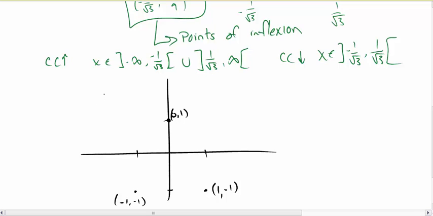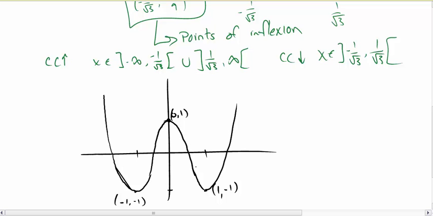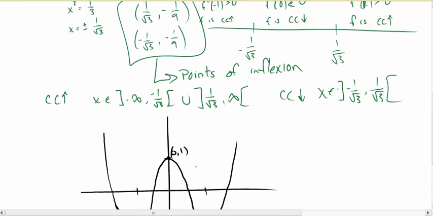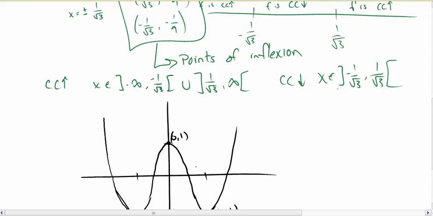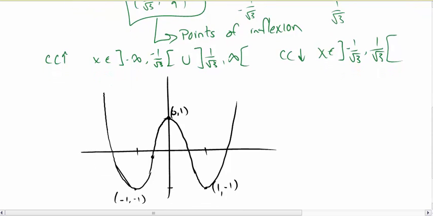And we know we are concave up for this part, and concave up over here, and concave down in between. And we know from the points of inflection that the point of inflection is below the x-axis. So maybe there and there, and we would of course label those points with their ordered pairs.